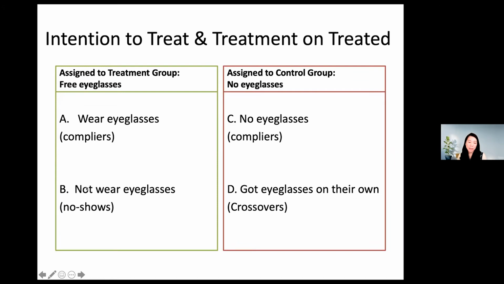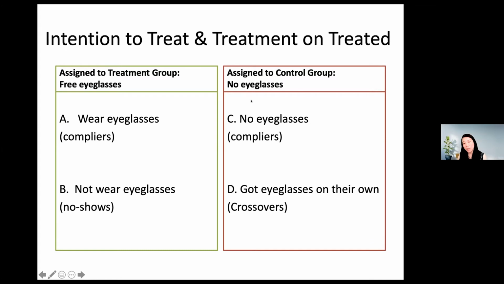But the real world is not perfect, because when you give eyeglasses to the students in the treatment group, some students will choose not to wear them because they're afraid they'll be teased by their peers, or they have some concern about wearing glasses. So these kinds of students, when they're in the treatment group, when they receive the treatment but are not taking it up, we call them no-shows.